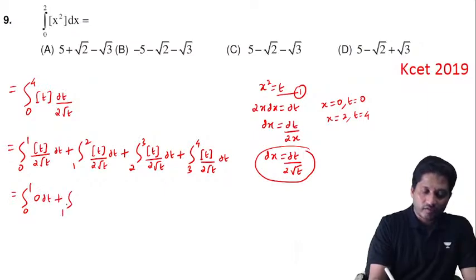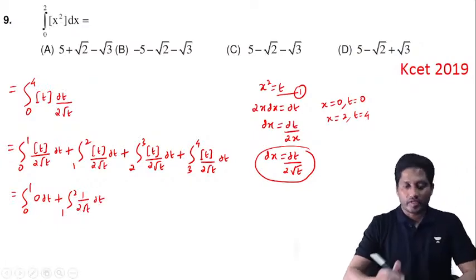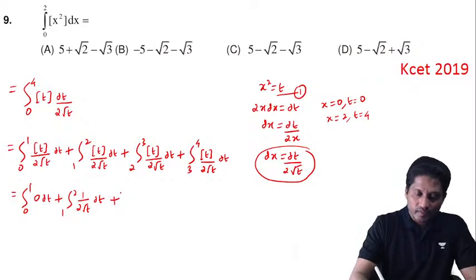Between 1 and 2, box t is 1. Okay, and then between 2 and 3, box t is 2. And between 3 and 4, box t is 3.